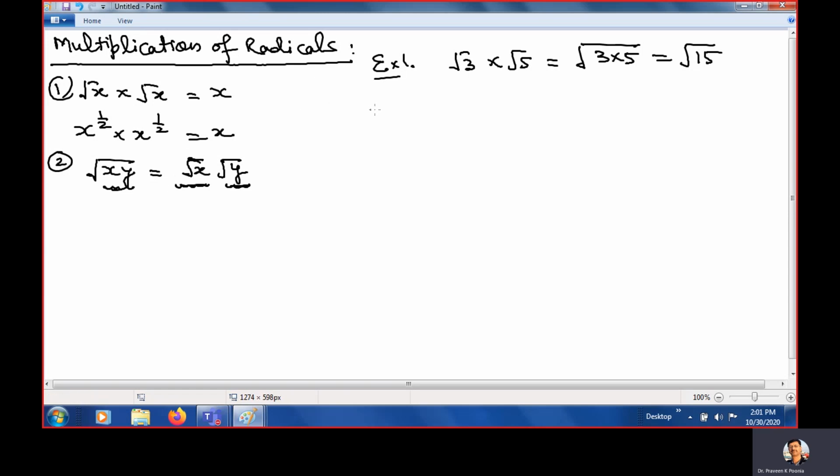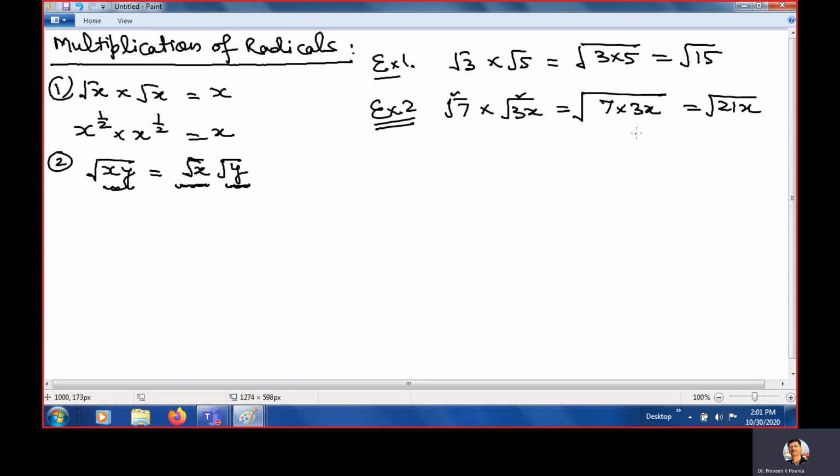Now let us take another example. Example number 2. It is square root 7 into square root 3x. So what I told you, if the roots are the same, square root, we can multiply together. 7 times 3x, and 7 times 3 is 21x.